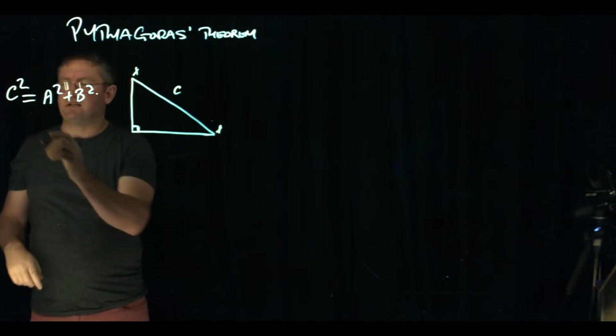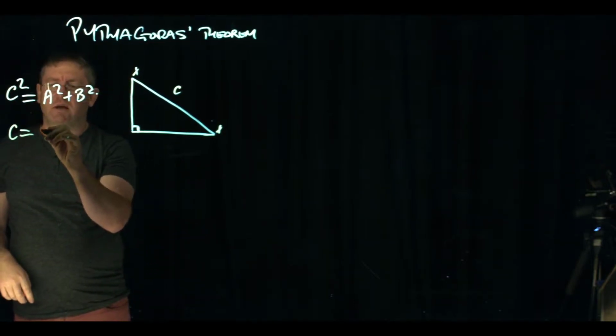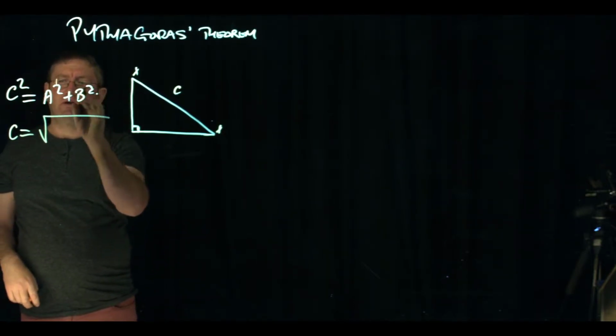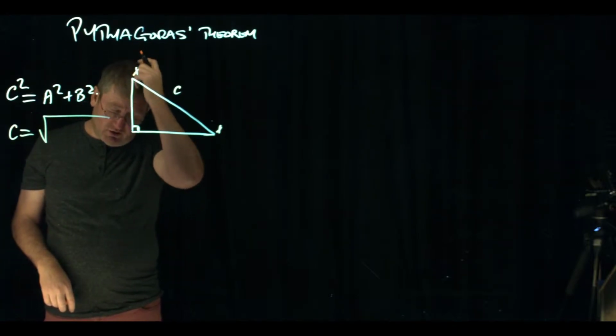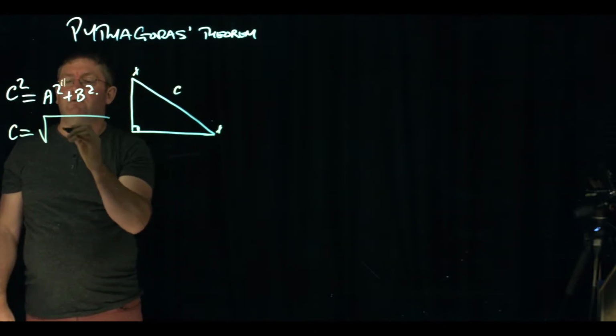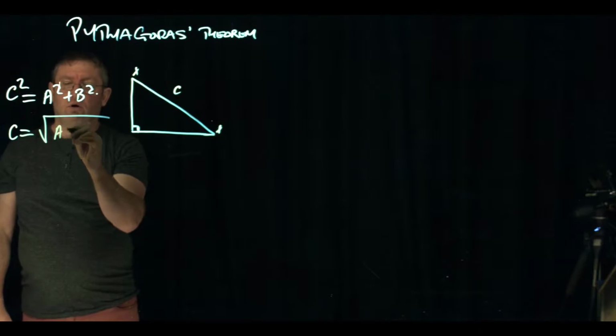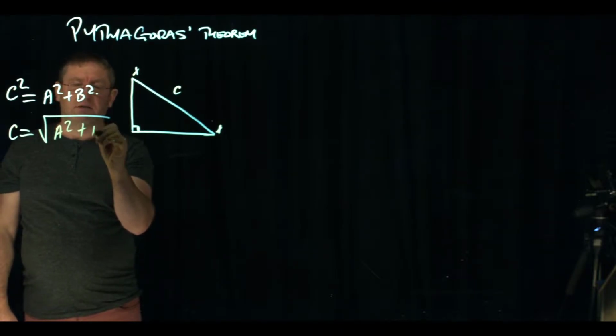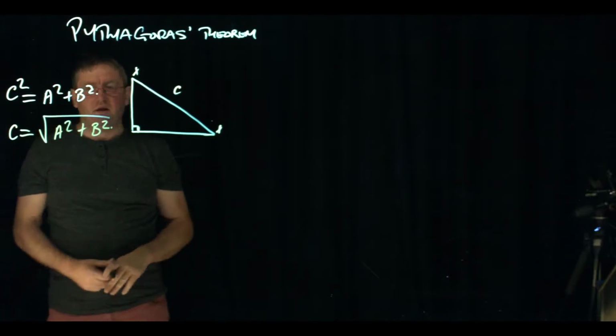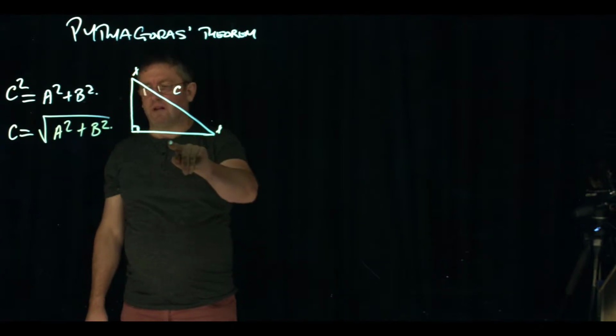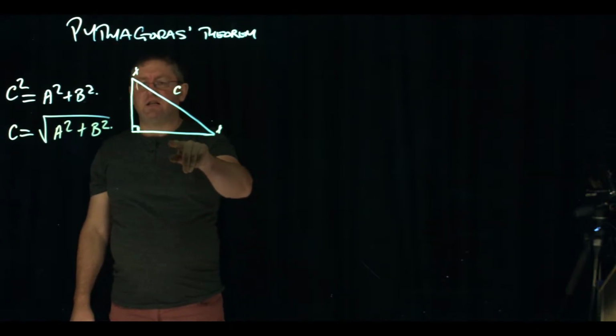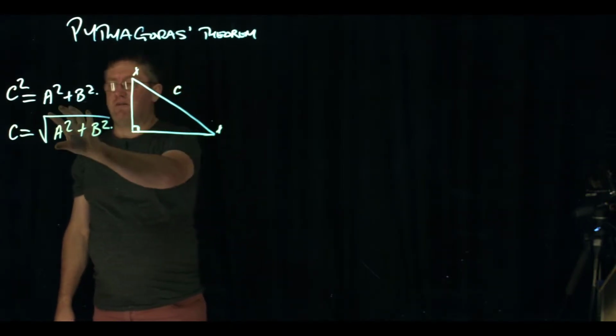When we move it to the other side, it becomes c equals the square root, because the square, when it goes to the opposite side of the equal sign, becomes the square root. So what we end up with is the square root of a squared plus b squared. So if we start off with two shorter lengths, we can identify the longer length with that formula.